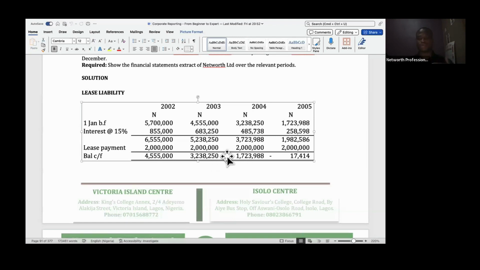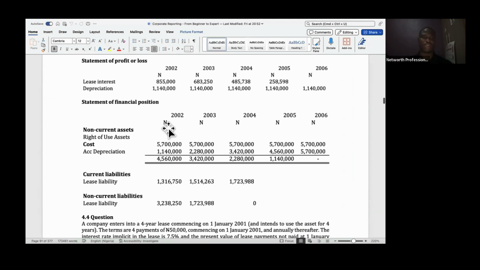The difference, we put it in current liability, while the 1.7 million, we put it in non-current liability. By 2004, we know that the entire balance of 1.7 should be paid next year. Then we put that entire 1.7 as current liability. That was how I explained this last week.